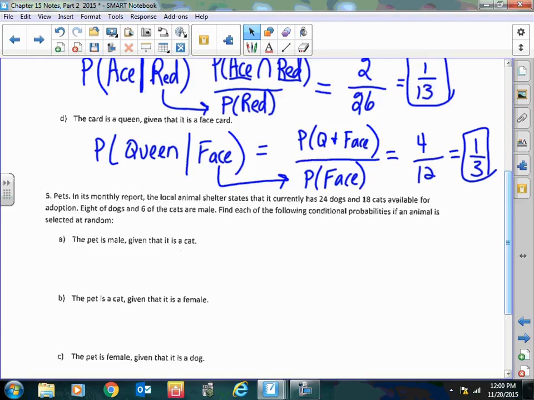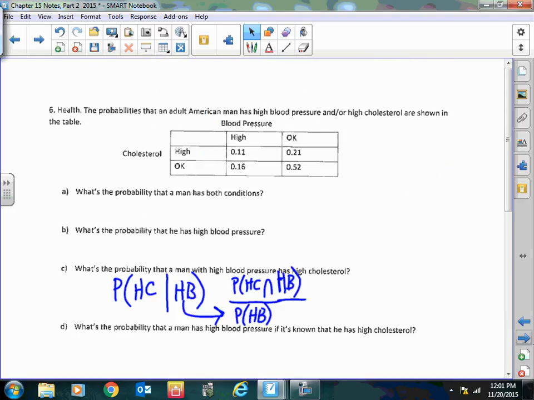Now, for 5, you need to pay attention to how many are males and females in total, all that stuff up there. But I have had students have difficulty reading the next table, the table on the next page. So let me make sure you can follow how to read that, and then I'll let you work. This problem is about adult American men and the proportion of them that had high blood pressure, high cholesterol, or okay blood pressure, or okay cholesterol.